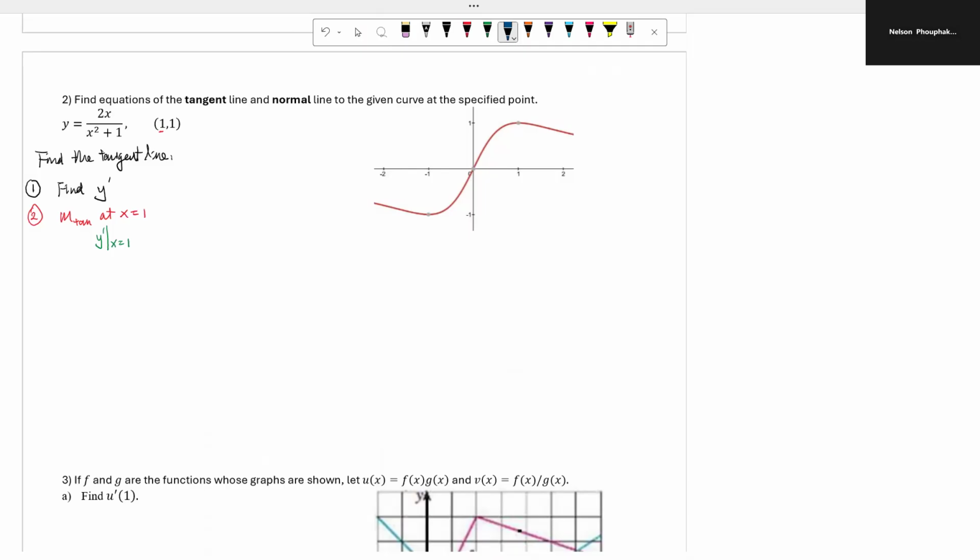And then number 3, we can use the point-slope form: y minus y sub 1 equal to m times x minus x sub 1, to work out the problem.